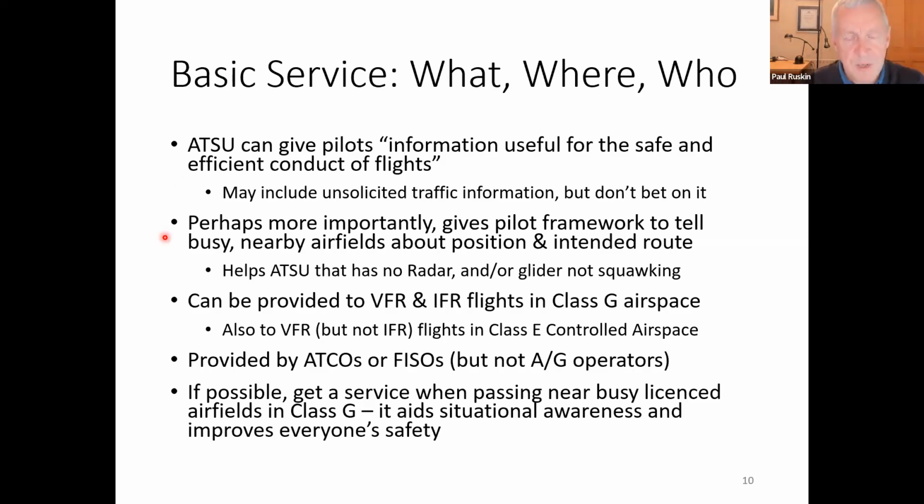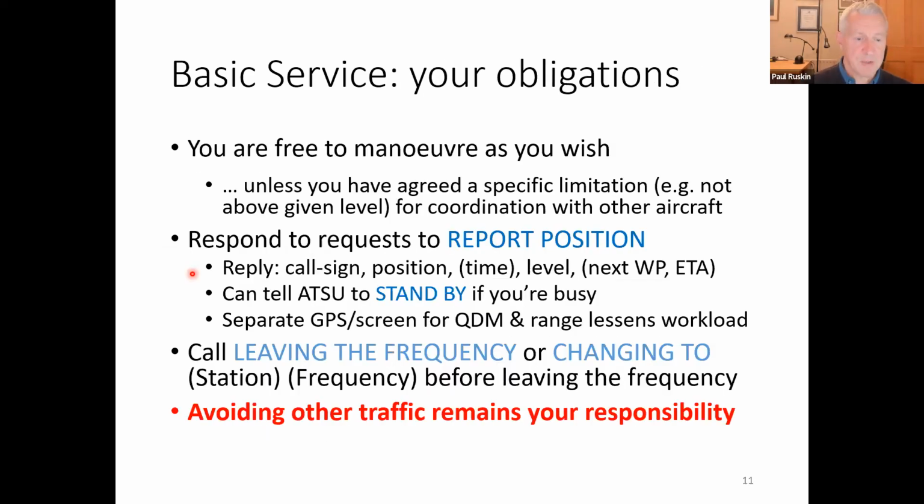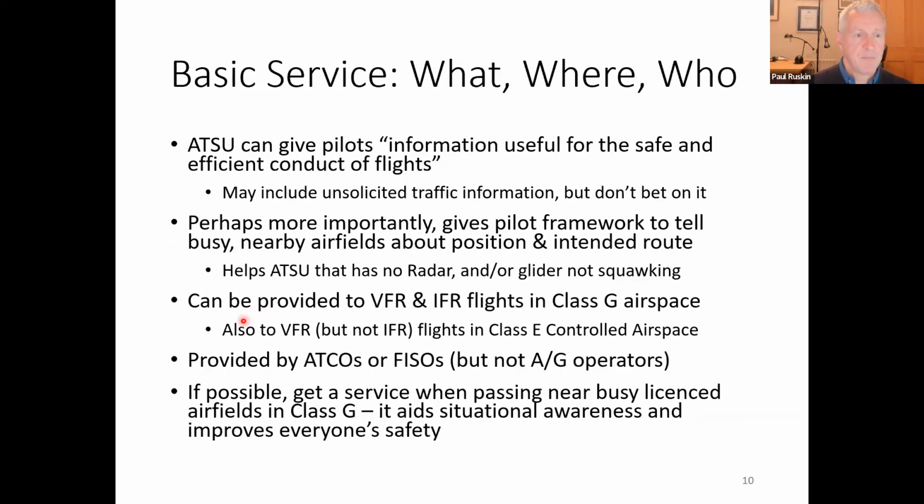Perhaps more importantly, what the basic service does is give us, the pilot, a framework to tell busy nearby airfields about our position and our intended route. So that will help an ATSU that doesn't have radar or a glider that isn't squawking because it doesn't have a transponder. It can be provided to VFR and IFR flights in Class G airspace.